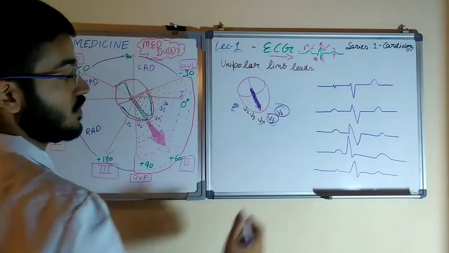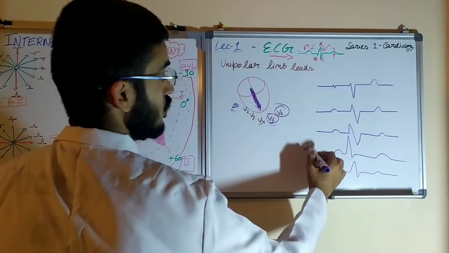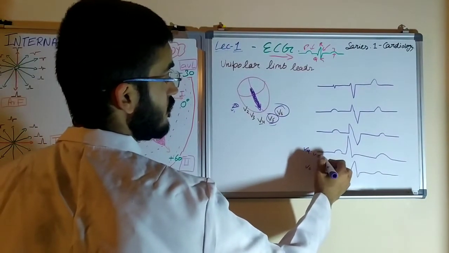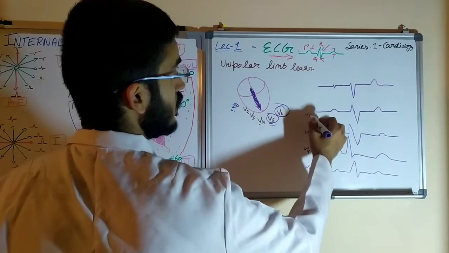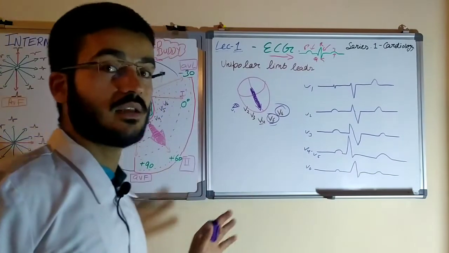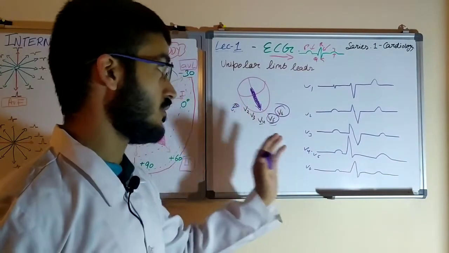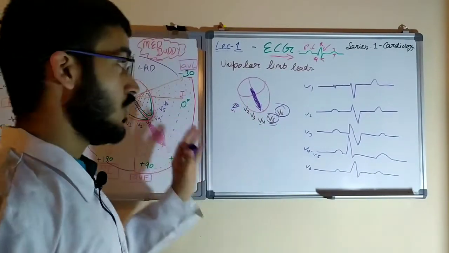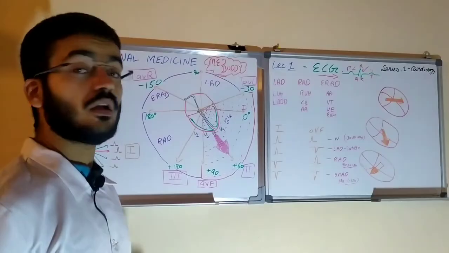It is something like this on V6, V4 and V5, V3, V2 and V1. So this is how the unipolar chest leads present the graphical presentation, or ECG, of the vector.